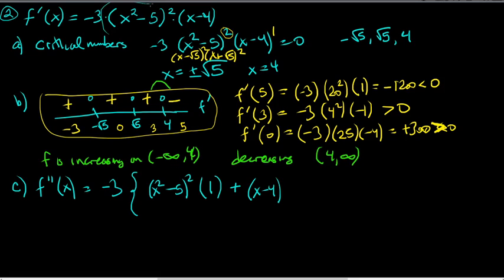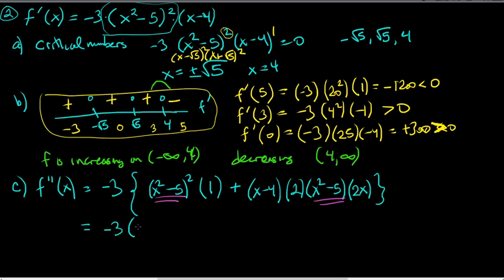The derivative of all of this, power rule, so you're going to get 2 times (x squared minus 5) to the 1, and then times the derivative of x squared minus 5 by the chain rule, you get 2x. Notice that you get a common factor here of x squared minus 5, so I'm going to pull that out.